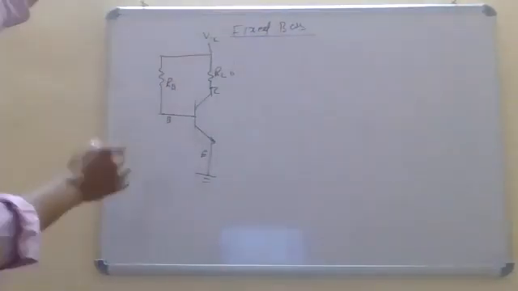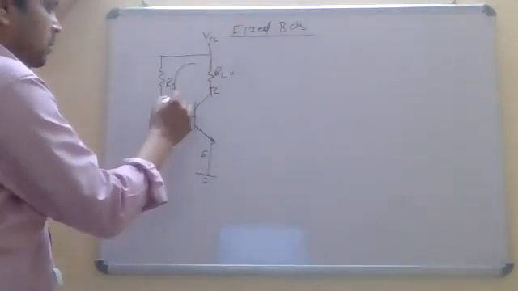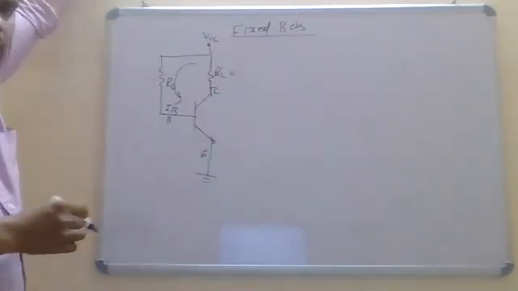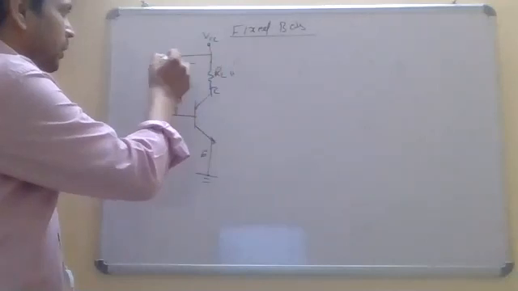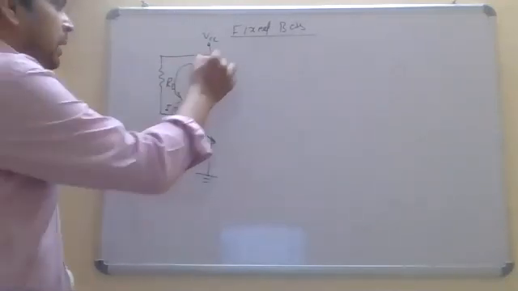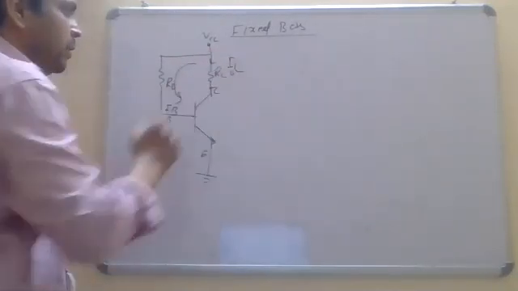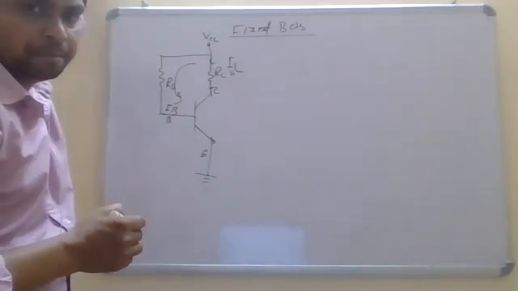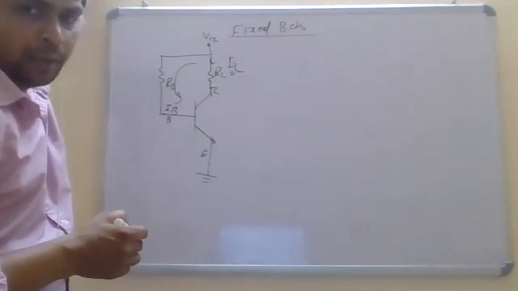You can say some current flows this way, and this should be IB, because we have one source VCC. So IB will move this way, and IC will move this way, from collector and to base.